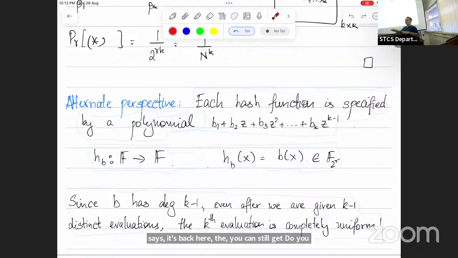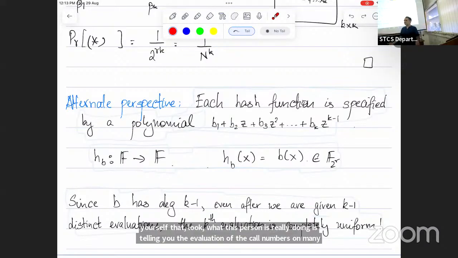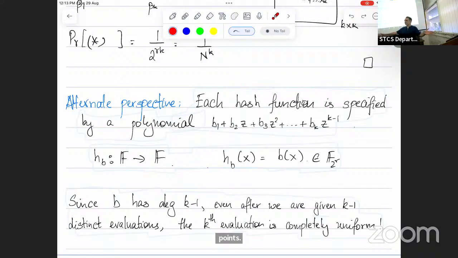So you can either think of it as saying that the Vandermonde matrix has a certain property, so it works. Or you can tell yourself that what this hash function is really doing is telling you the evaluation of the polynomial on many points. Obviously, many of these points are correlated. If I have a degree 3 polynomial, once I know it on 3 points, I know the polynomial exactly, so I know it on all the other points. But this is just saying that as long as you look at 3 or fewer points, they will look completely random to you.